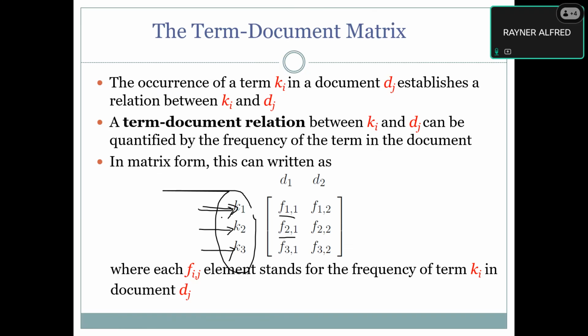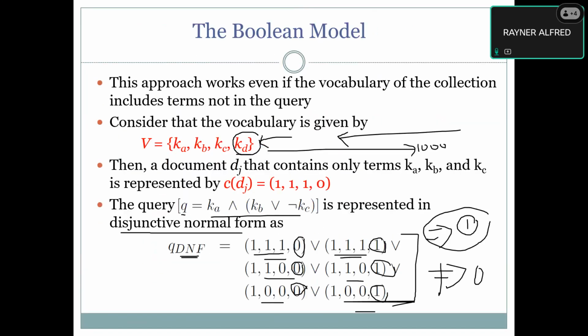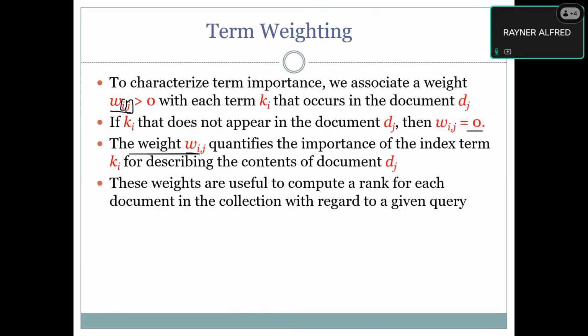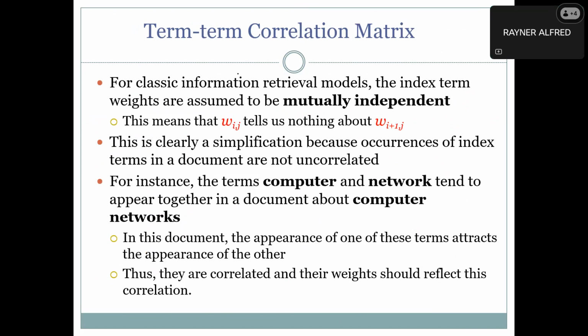We can find that out using this matrix. So if we use this frequency to represent the matrix, this term correlation matrix is used to find out how the keywords correlate to each other.